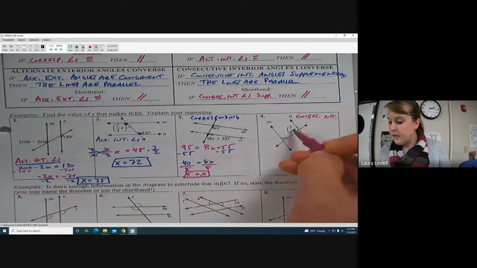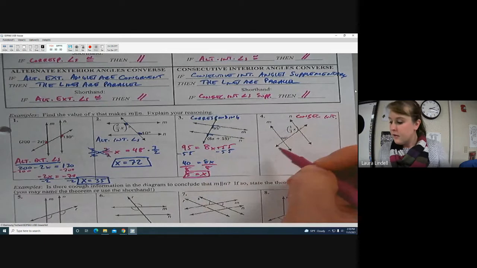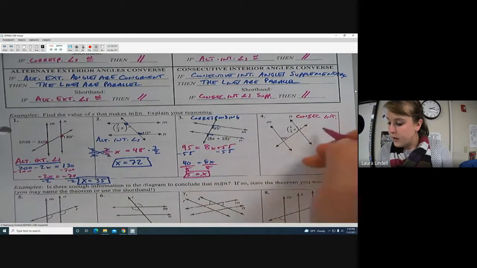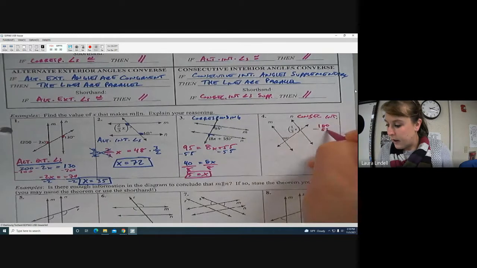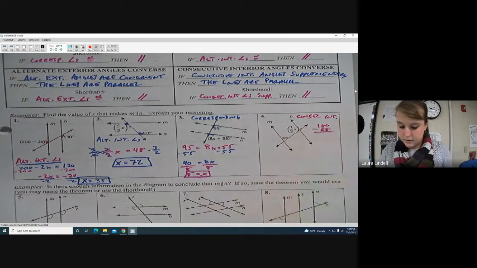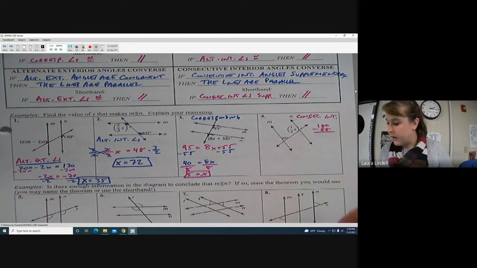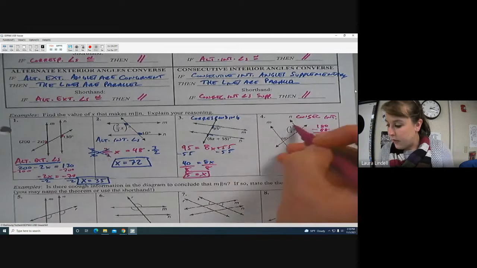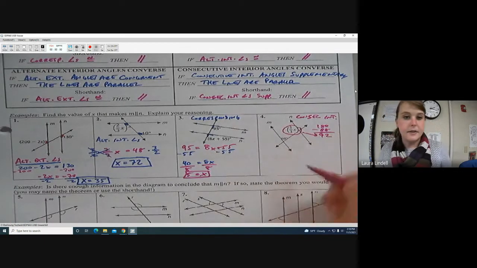And then that means that these two have to add to 180. So if this is 88 and these two add to 180, we can just go 180 minus 88, which should give us 92. So then I know that this angle has to equal 92.